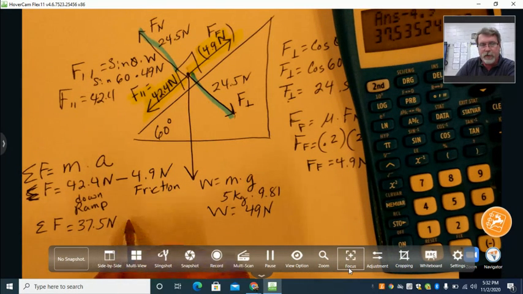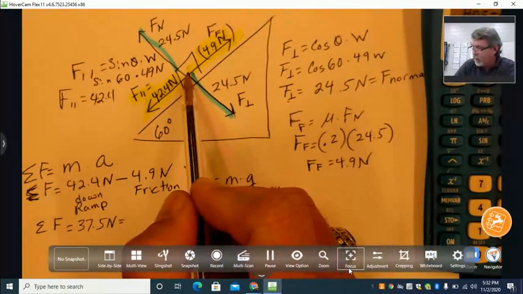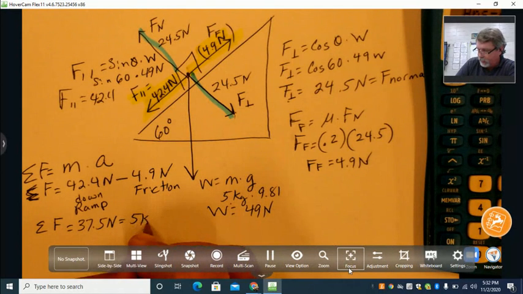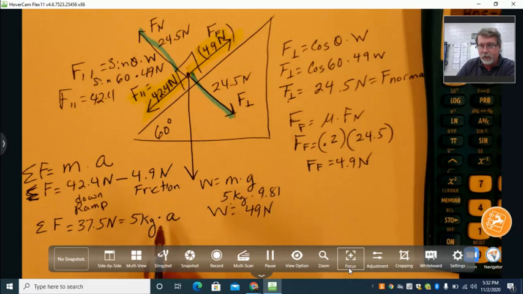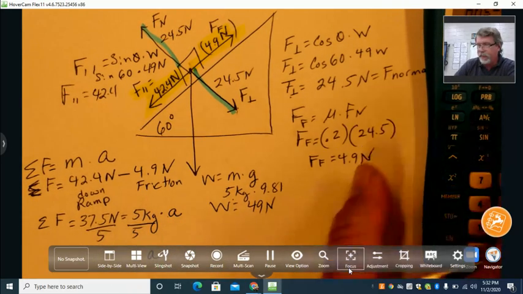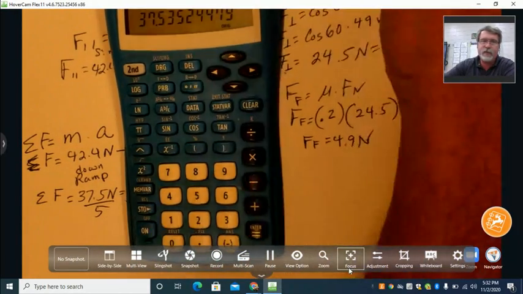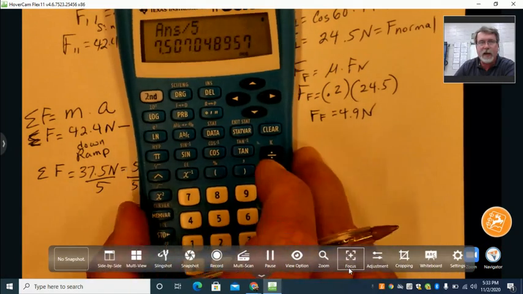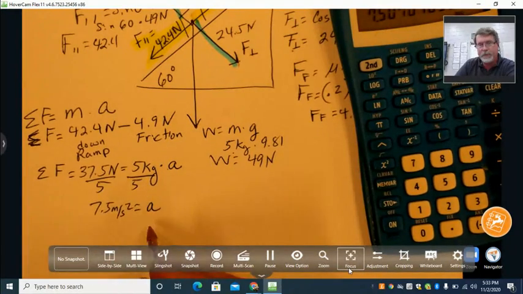Now 37.5 newtons will make a massive object, which we decided was 5 kilograms in the beginning, accelerate at some number. So we just divide 37.5 by 5, and we find that it is 7.5 meters per second squared.